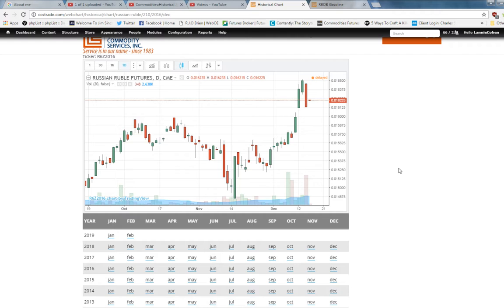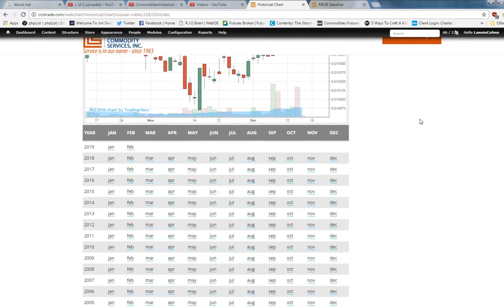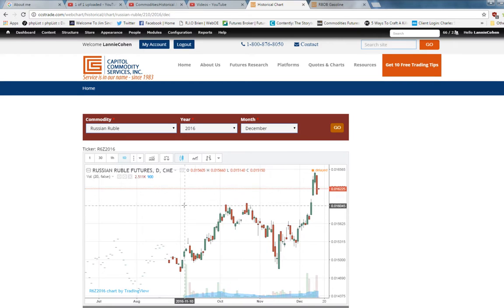That's a pretty sizable move for one day. So it's good to be able to hone in on exactly how that trading occurred, which is sometimes more difficult to do off a weekly or monthly continuation chart.